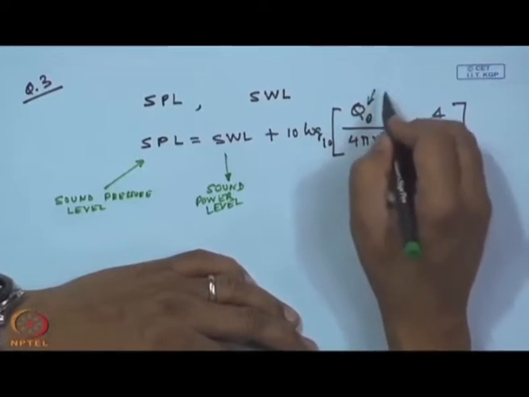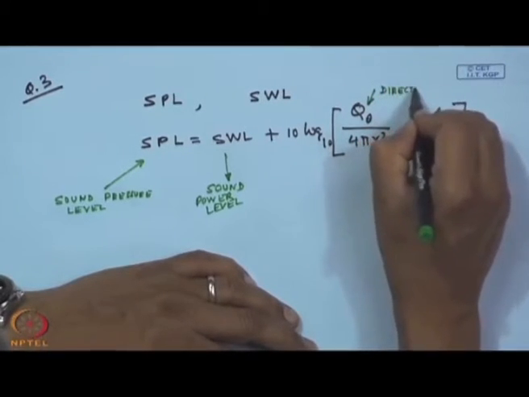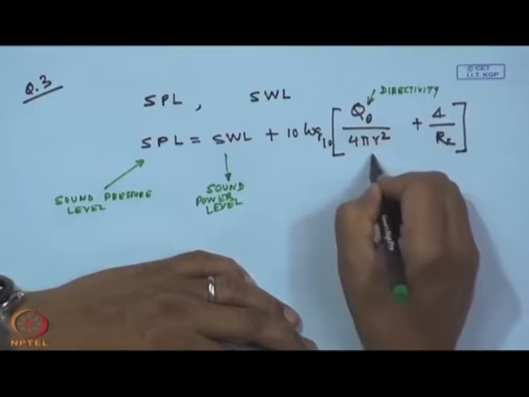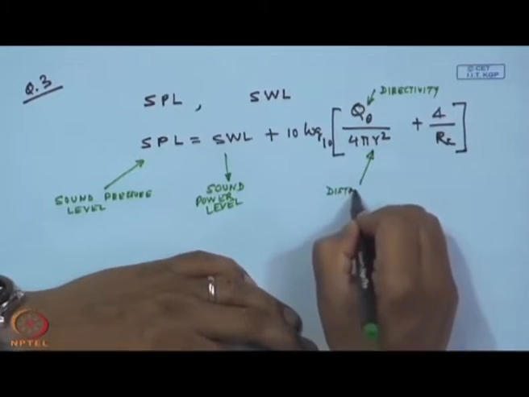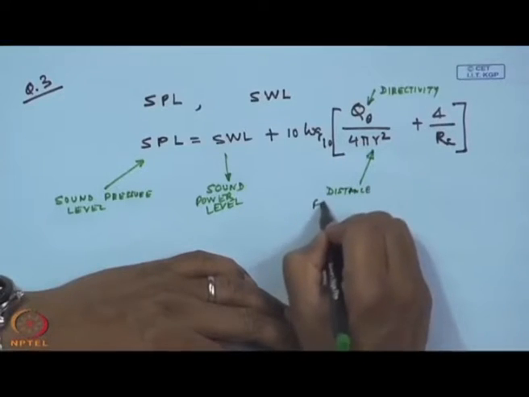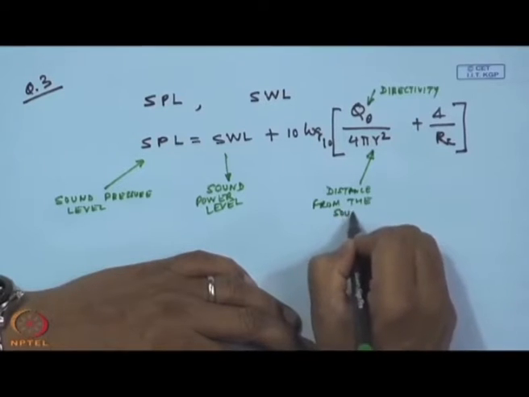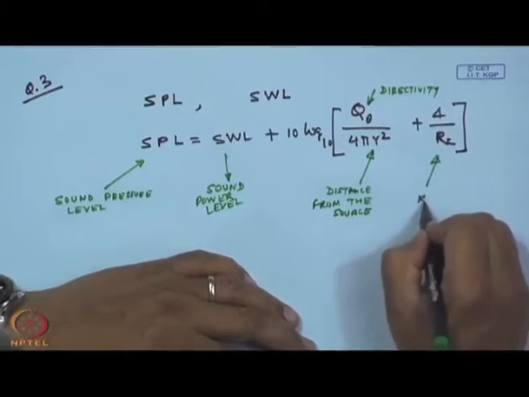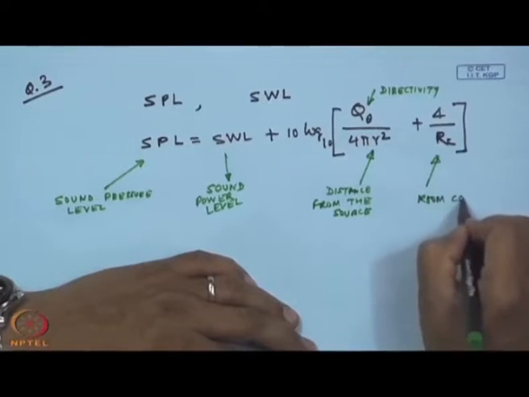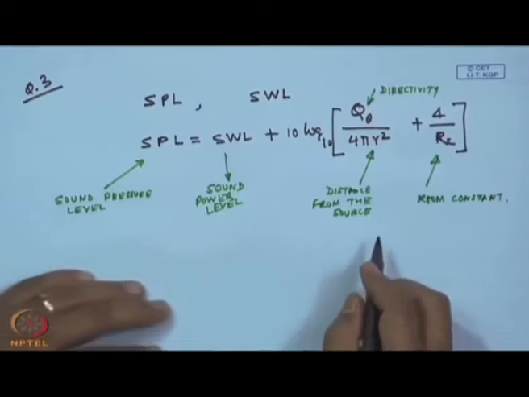Q theta is the directivity, r is the distance from the source, R c is the room constant, which depends on the amount of sound absorption in the room.